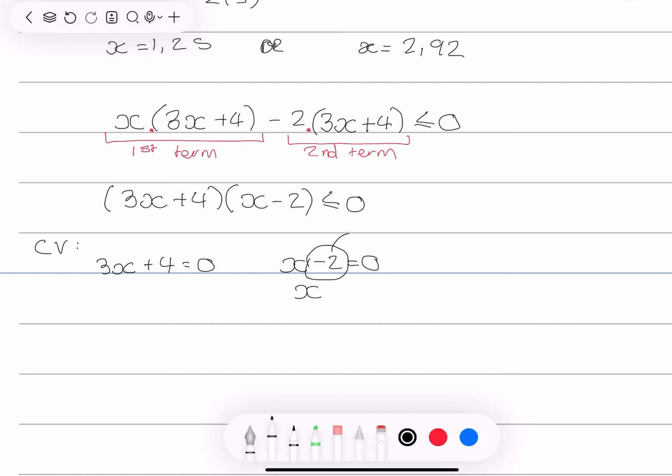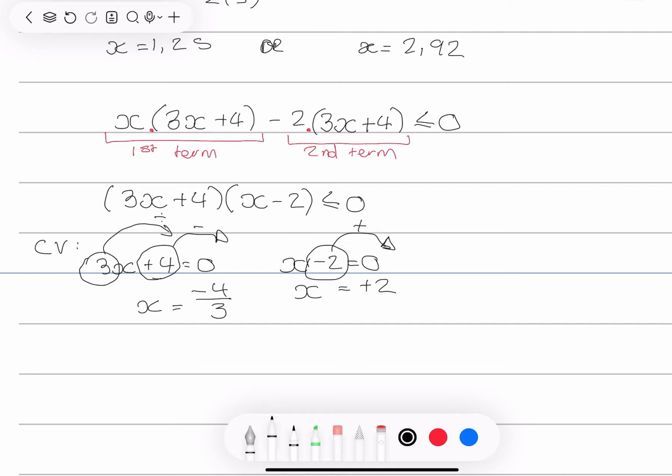You take the minus 2, move it over. It then goes from minus to positive. So equals plus 2. Same thing on this side. This was a positive, will now become a negative. This was a multiplication. It will now become a division. So then x equals minus 4 divided by 3.